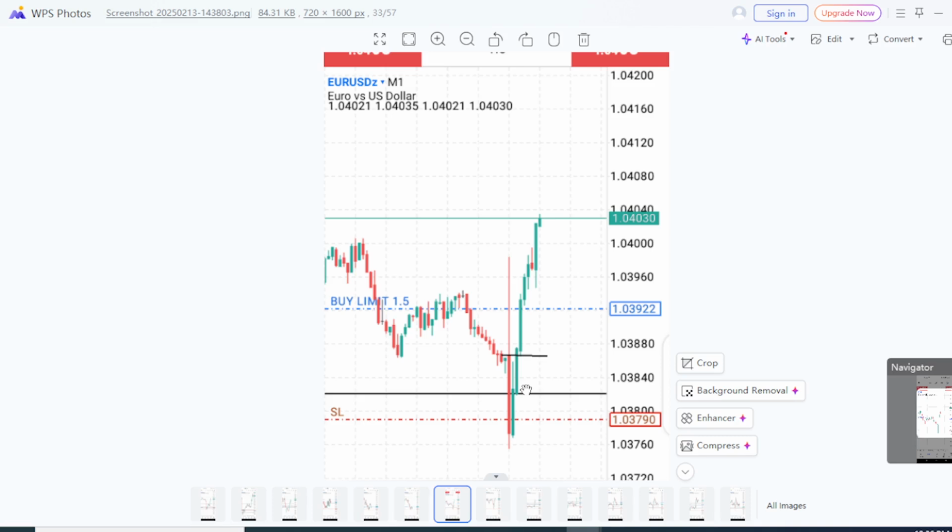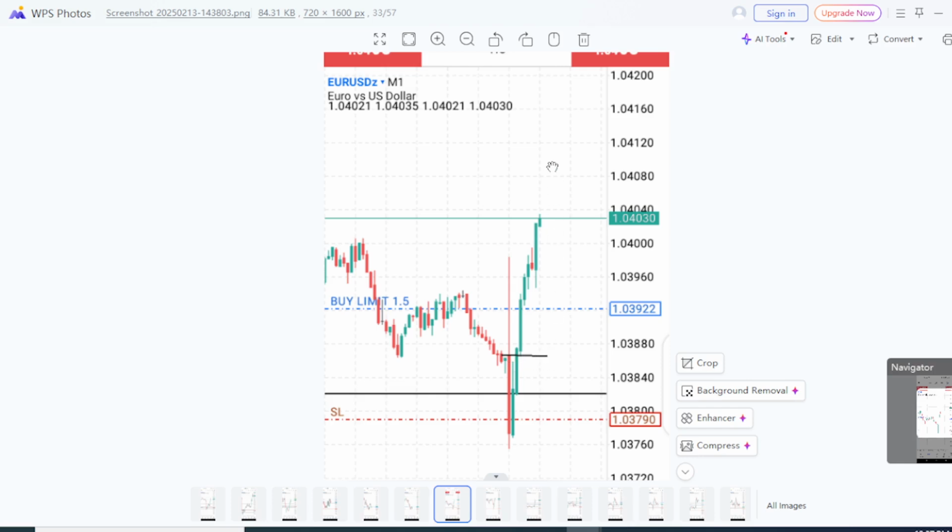Like all those questions. So if you look at this chart here, I just placed a limit here. Then after this, I saw this candle here. I always told you that this is the brain. This candle you are seeing now, this is the brain. Once something like this happens, we have an 80% chance that price is going higher.